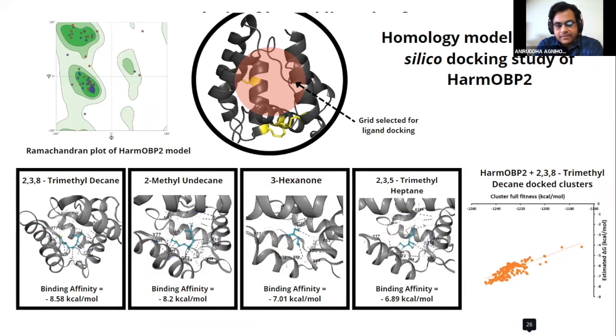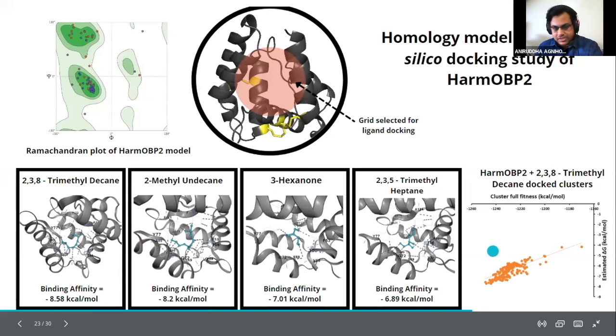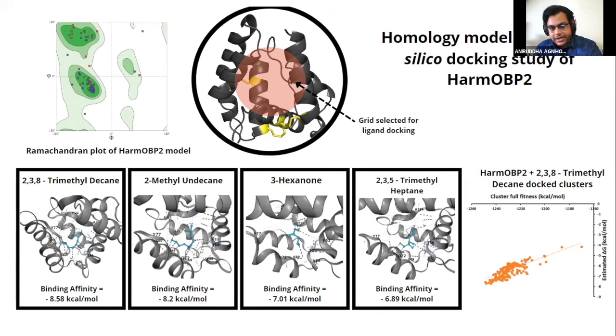So for that we modeled our protein and found the core of the protein, or the binding site of the protein, and we found that these ligands have a good binding affinity with the protein. We ranked them based on the binding affinity, and found that each protein shows some preferences with the ligand.